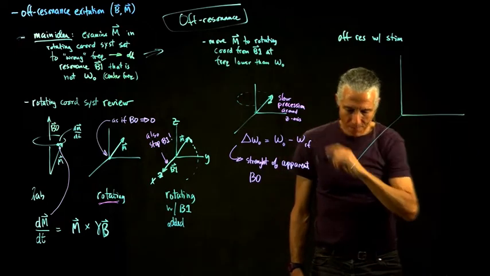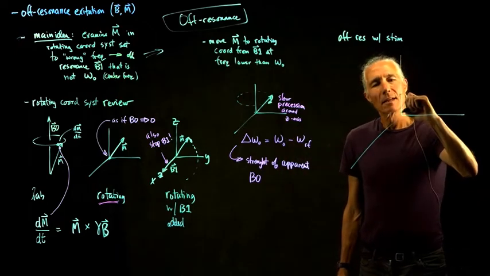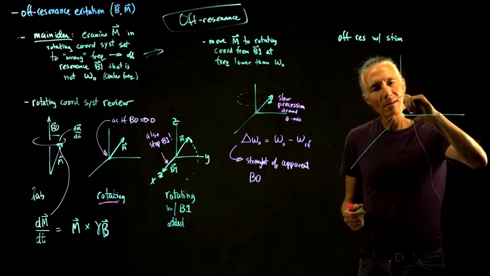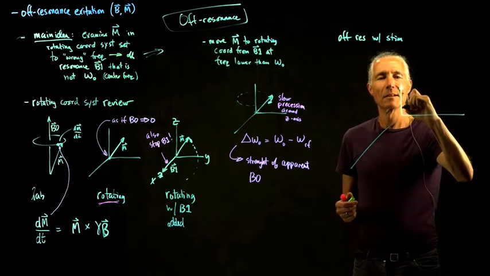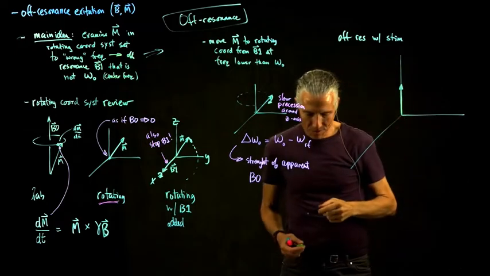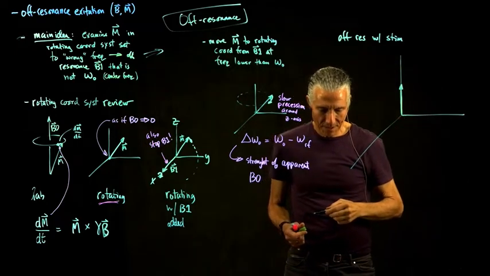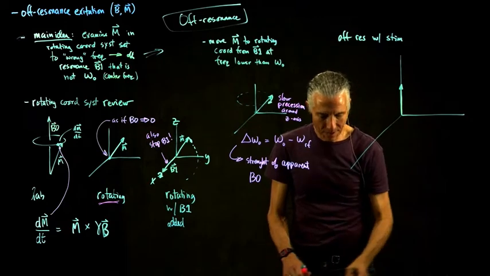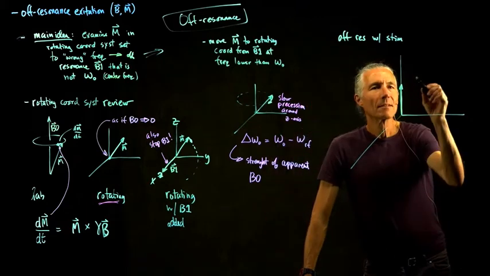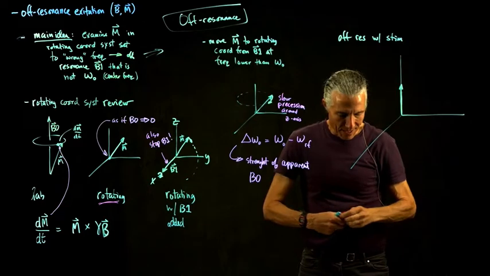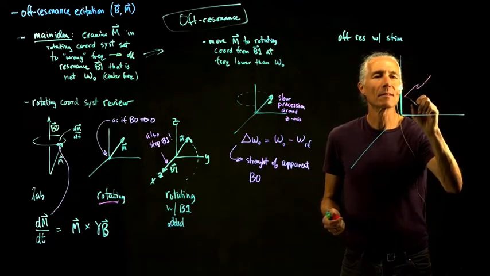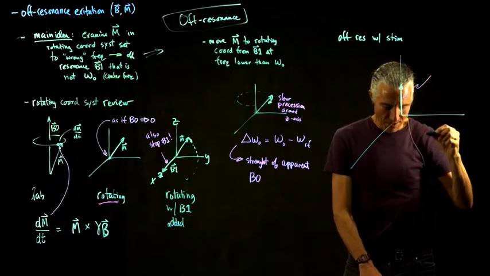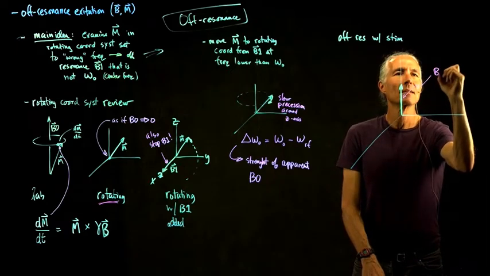The first thing is, here's our extra B0. This is our extra BZ.